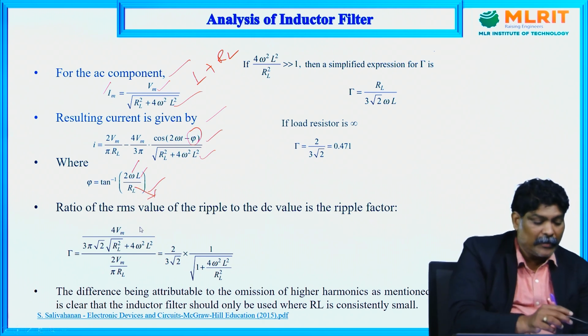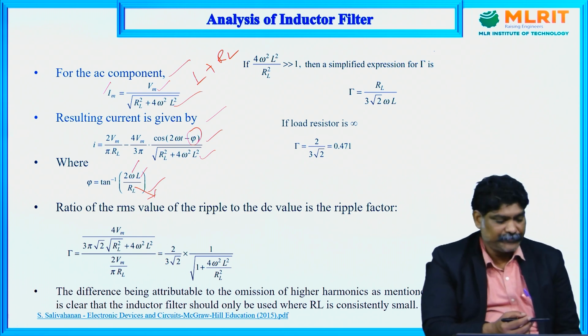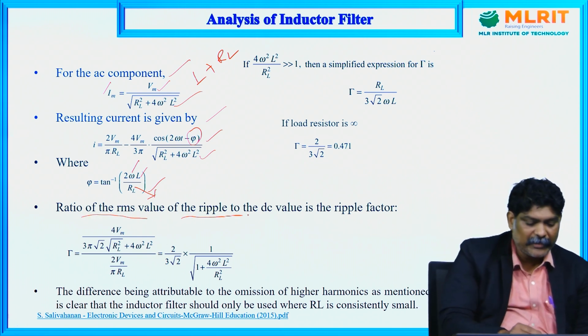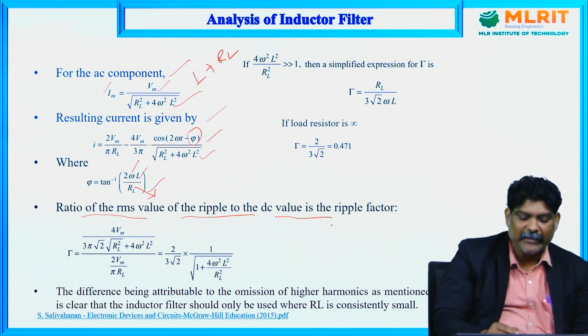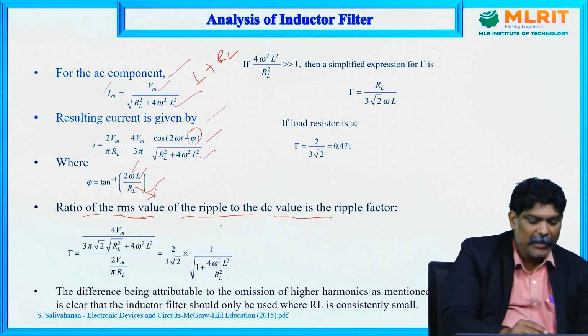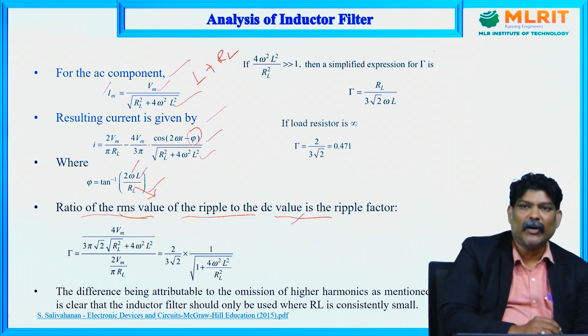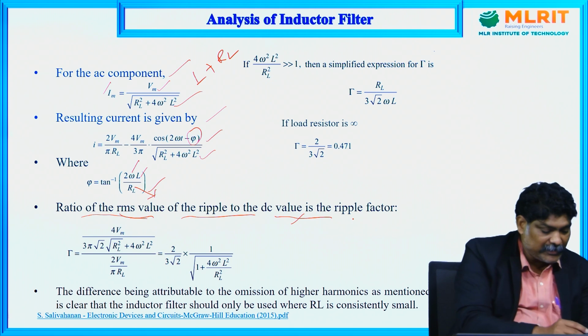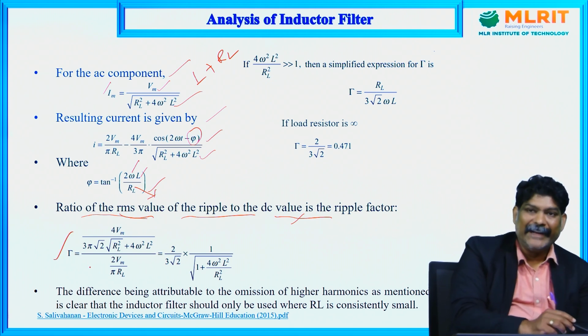Now, what is the ripple factor? The ratio of the RMS value of the ripple to the DC value is the ripple factor. This is the expression for the ripple factor of the inductor filter.